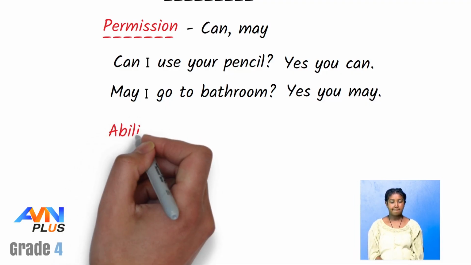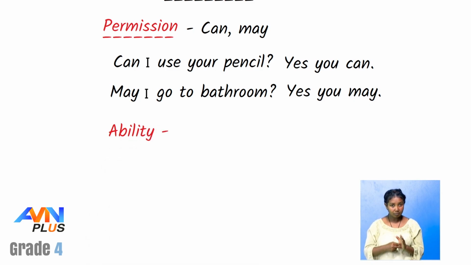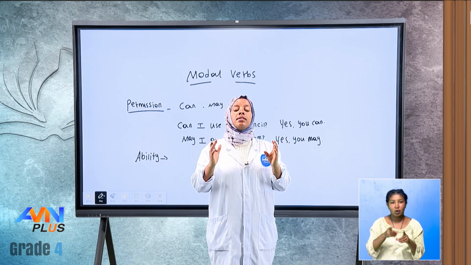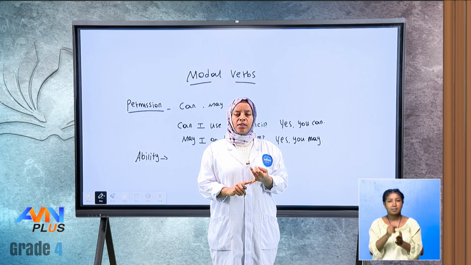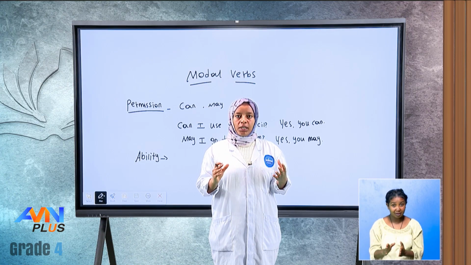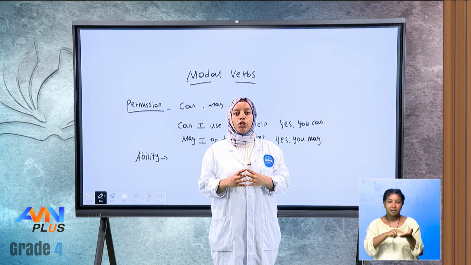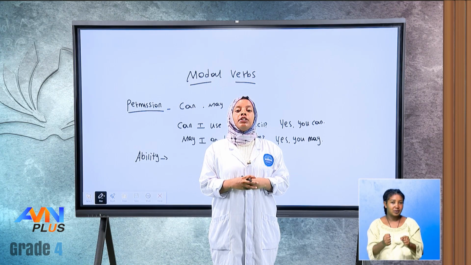Ability. When we say ability, it is a thing that you can do and that you can perform. For example, speaking, running, writing, walking, reading, and also talking. These are abilities that you can do.